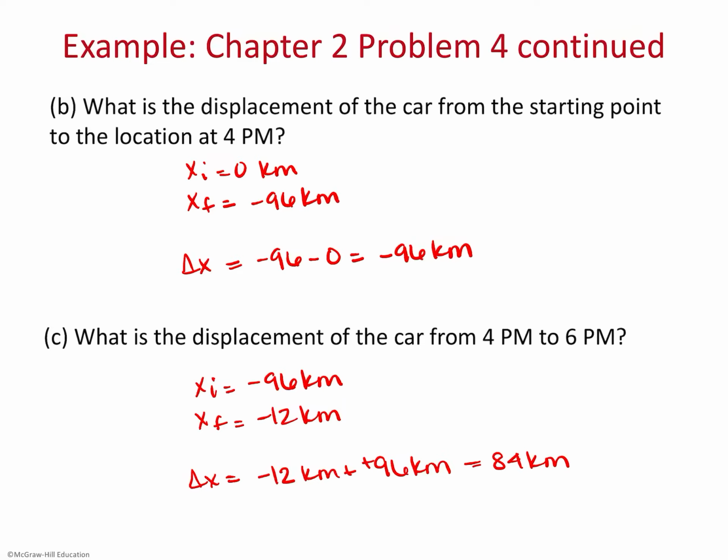Like a positive 84 kilometers is the displacement. So it just means that you went basically 84 kilometers back up north. Okay, so that is really all we got through as far as chapter 2.